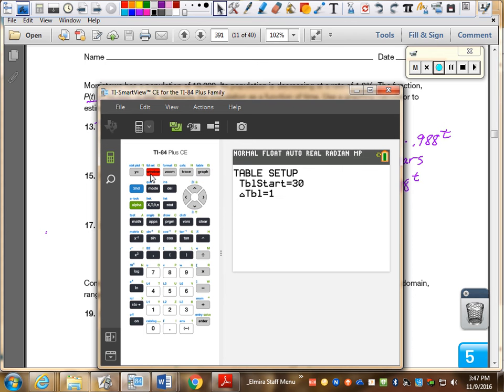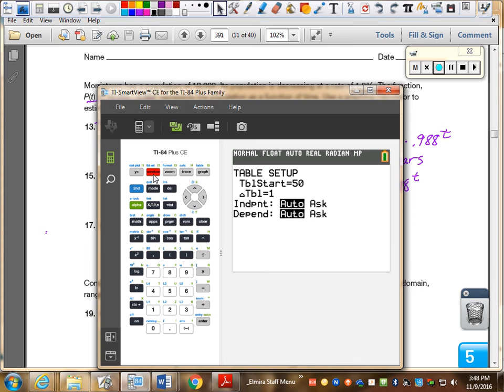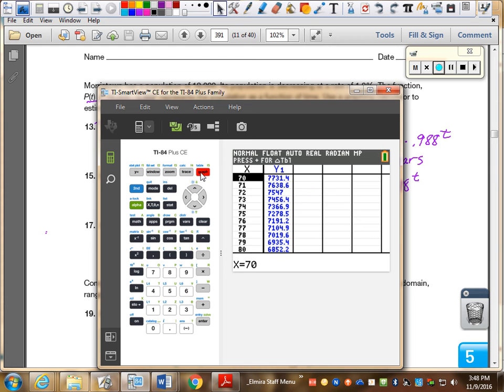So let's go to table set again and let's try 50. Okay, so we're getting warmer. At 60, we're at 8,000. So let's start table set and let's start at 70. Whoops, didn't click the 7. Oh my goodness, now we're finally getting there.